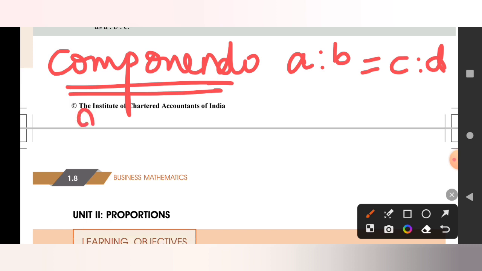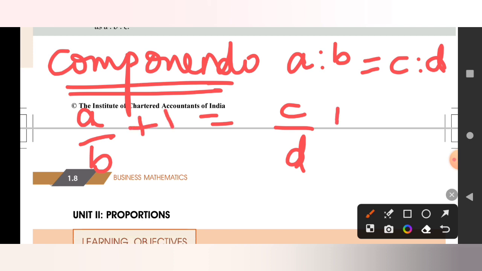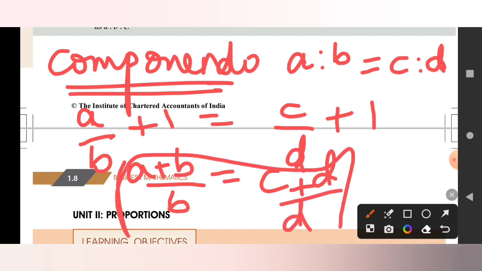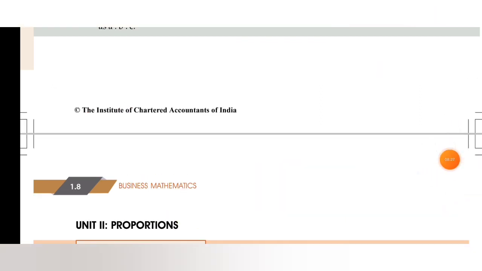When we expand this, you get A by B is equal to C by D. If we add 1 on both sides and simplify the equation, we get A plus B by B is equal to C plus D by D, and this is the proportion known as componendo. That is, A plus B is to B is equal to C plus D is to D. We will study in detail in the chapter.